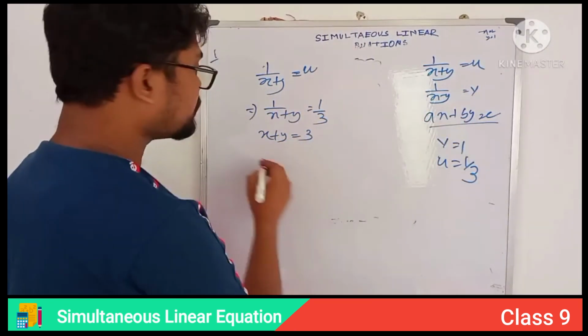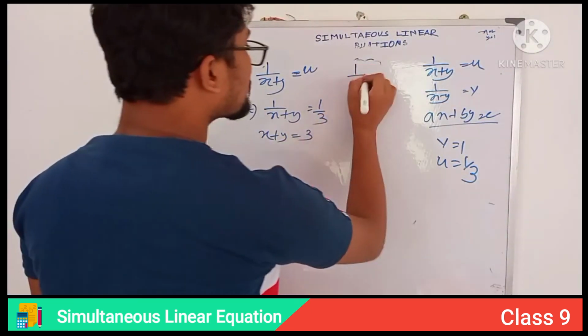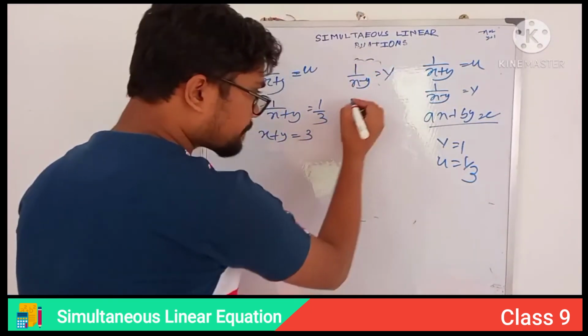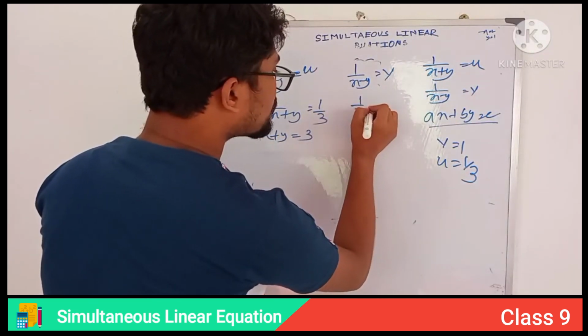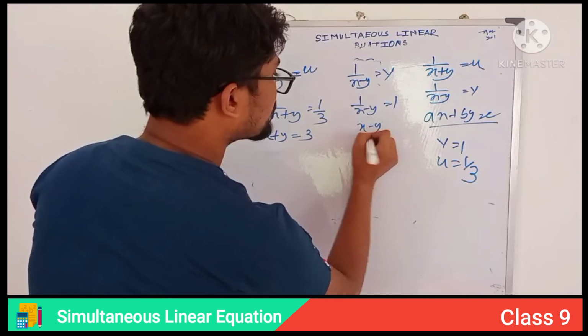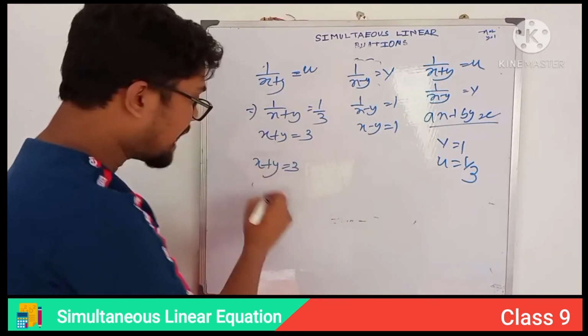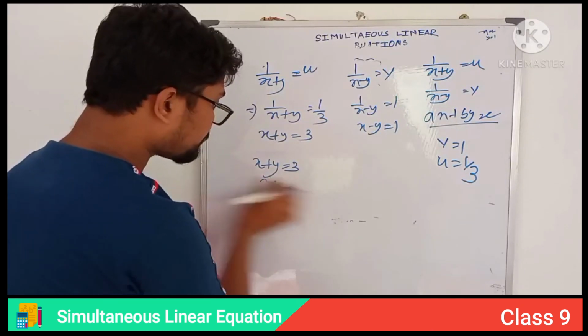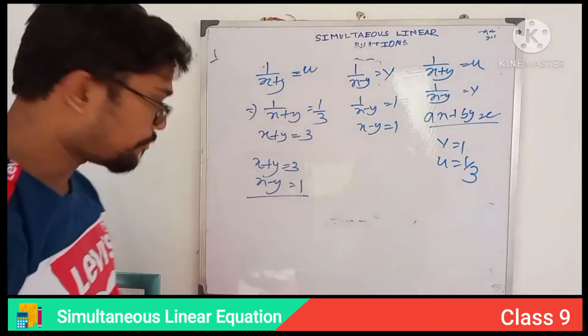And from v we get 1 by x minus y equals v, the value of v equals 1, so x minus y equals 1. So the equations become x plus y equal to 3 and x minus y equal to 1. So what do we have to do now?